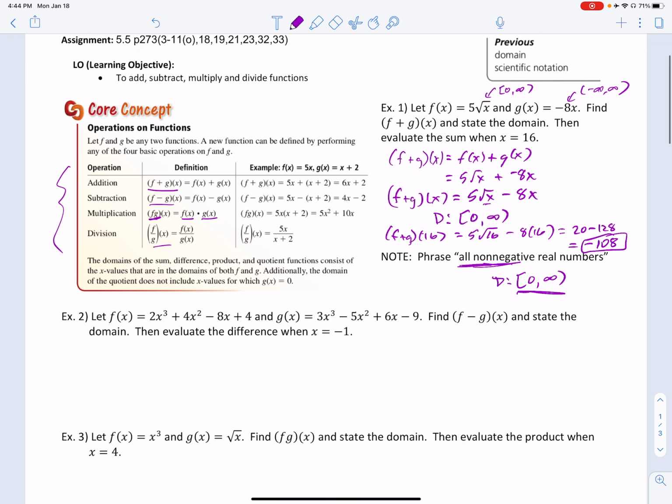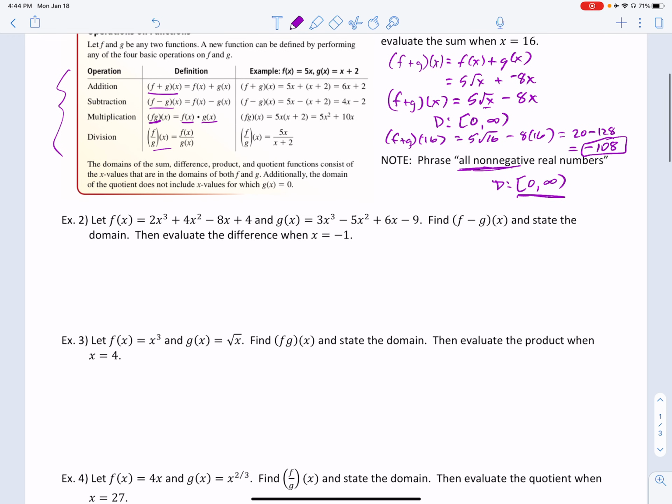All right, so then example 2, we have another couple of functions. They're both polynomials, and they want f minus g of x. And so f minus g of x is just your f of x minus g of x, but you need to make sure that you have that in parentheses and that you distribute that negative all the way across.